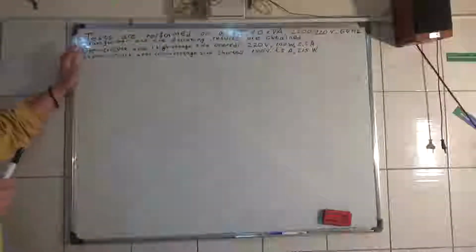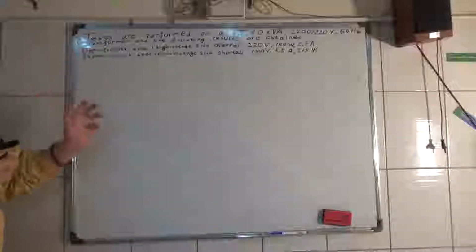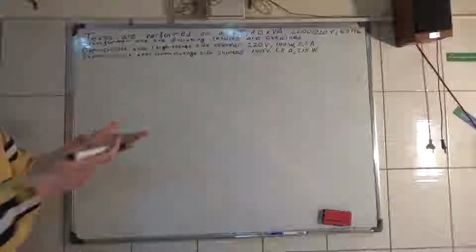For the open circuit test, no load is the same as open circuit test. You can say open circuit because one circuit is open, or no load because you don't have a load.